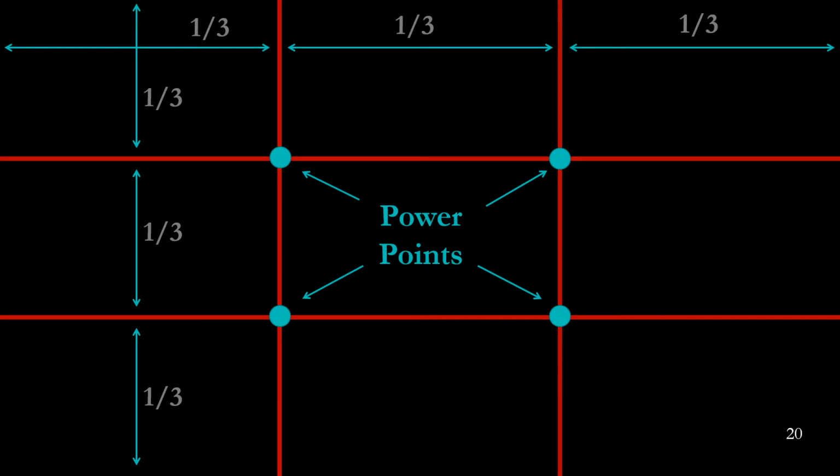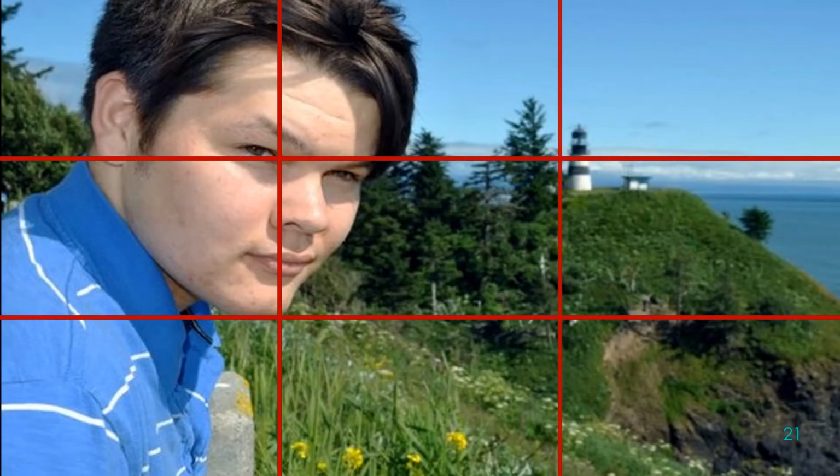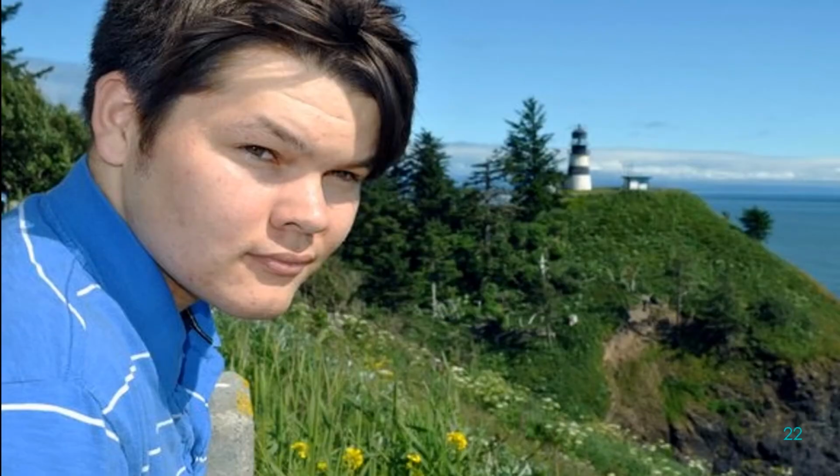Now where the 1/3 lines meet are the power points of your PowerPoint and good spots to consider for subject placement. You can do the same with people. Not having your subject always in the center can make it more visually interesting.